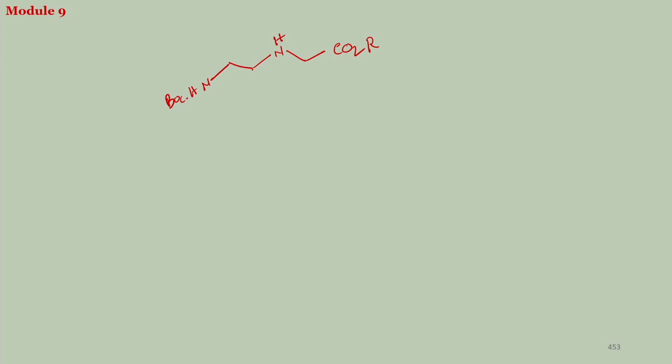So, how do you synthesize this? First is CH2, CH2, NH2, NH2. We start with this molecule, which is ethylene diamine.